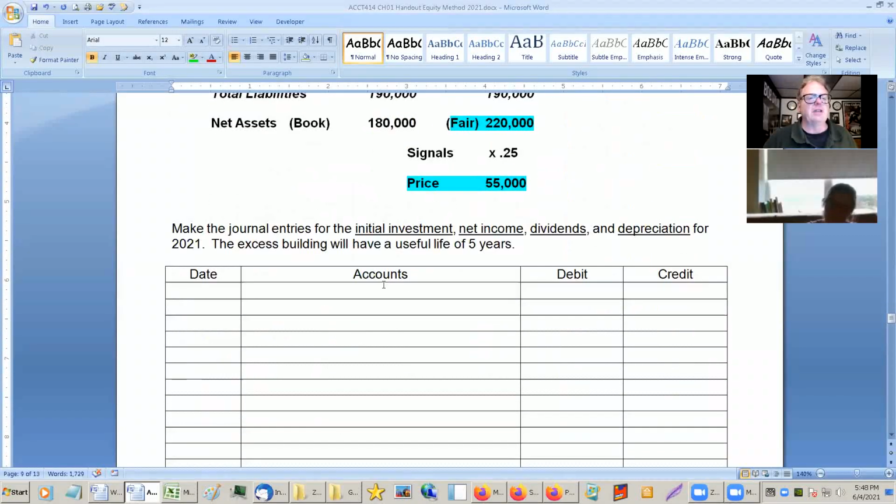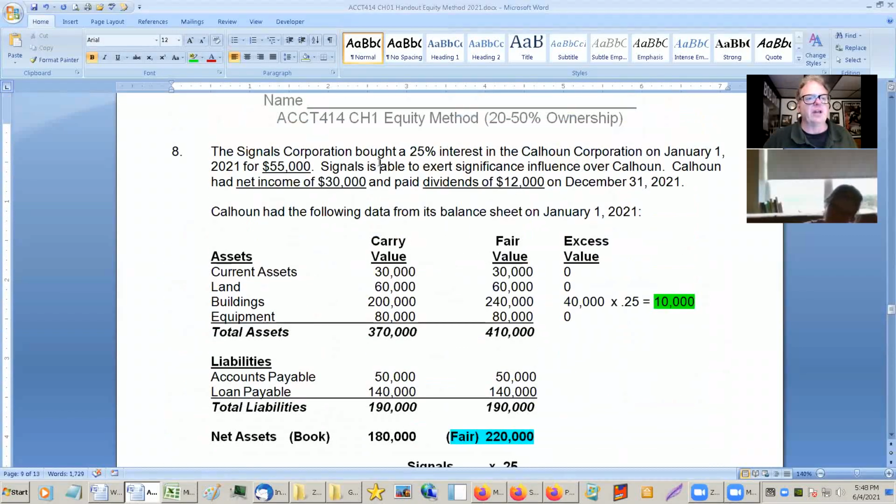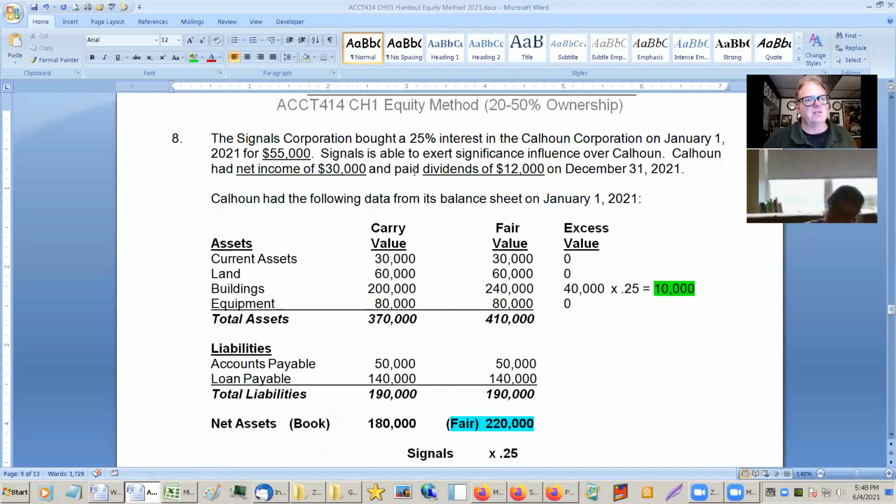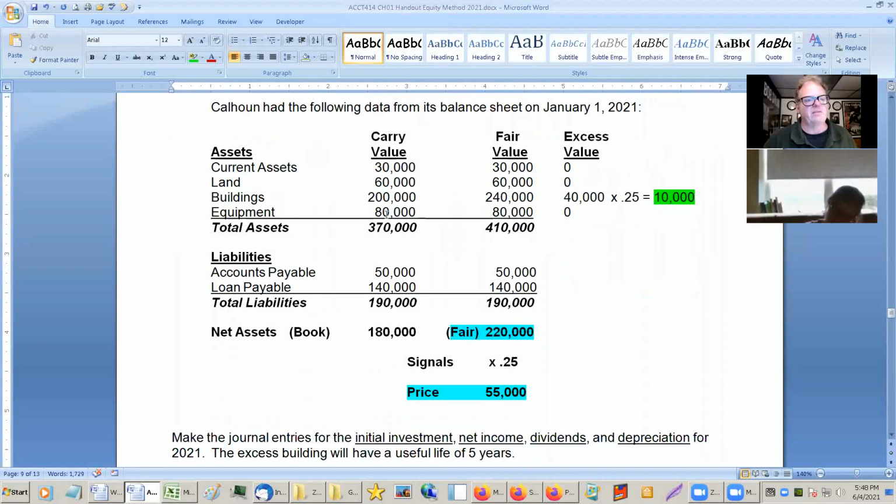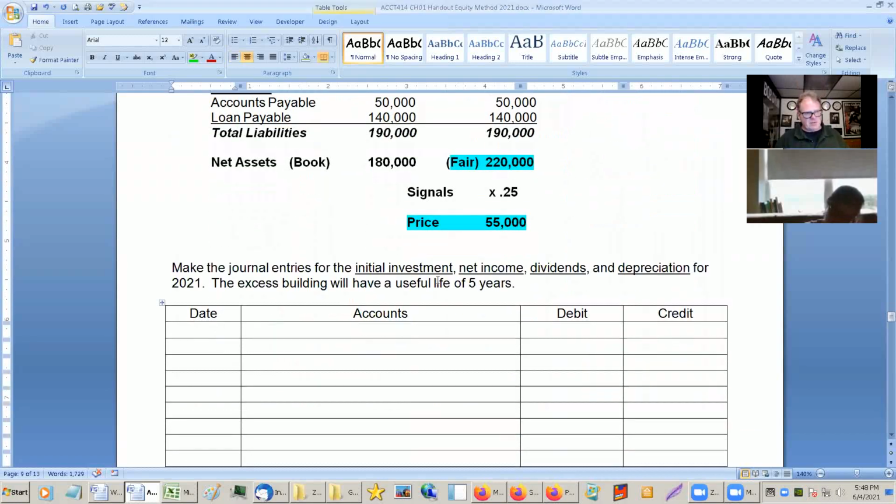We'll see how we get it when we get down here. So this was bought on January 1st for 55,000, so mostly they're going to be the same as before.